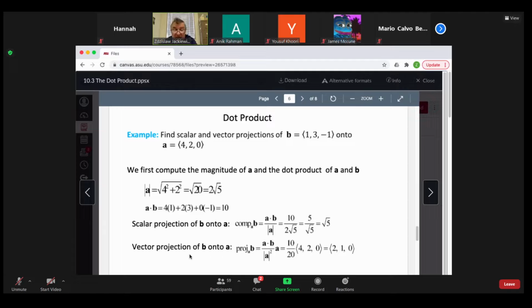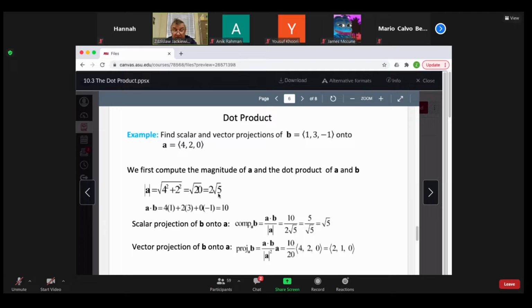And again, the vector projection. We have a formula. The formula is A dot B over the magnitude of A squared, times the vector A. That's the formula. So you just substitute again. A dot B is 10.